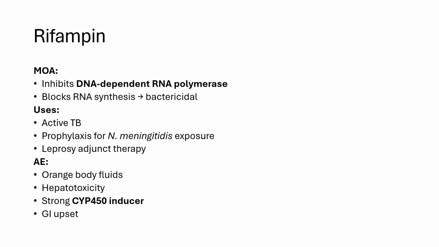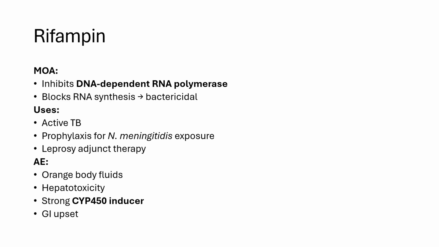Rifampin, mechanism of action: this works by inhibiting DNA-dependent RNA polymerase, which blocks RNA synthesis, making it bactericidal. Rifampin is used for active TB, also post-exposure prophylaxis for N. meningitis, and as adjunct therapy for leprosy.